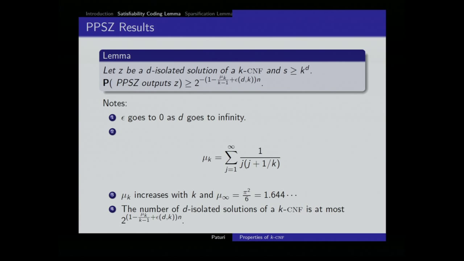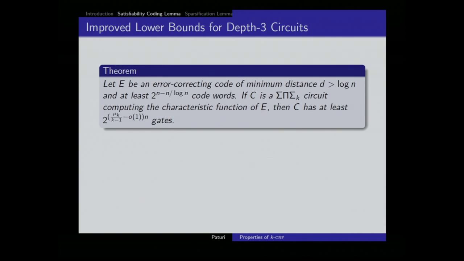This also shows that the number of isolated solutions is bounded by that quantity. We can then use this to prove slightly stronger lower bounds for depth 3 circuits, where the product of the log of the fan-in times the bottom fan-in is strictly more than n.